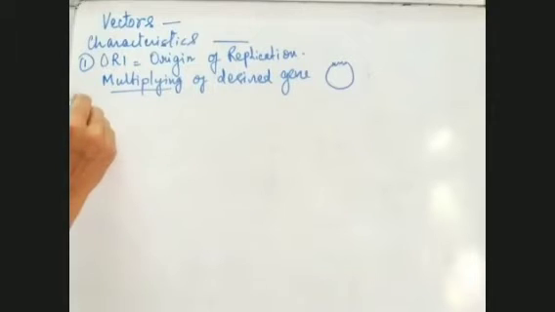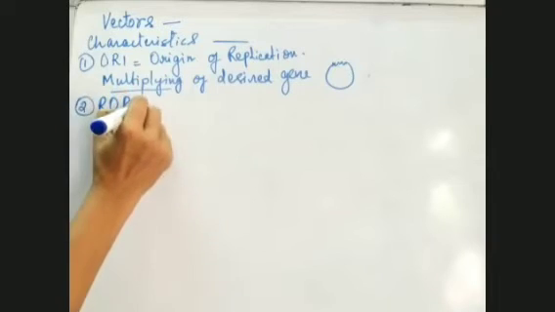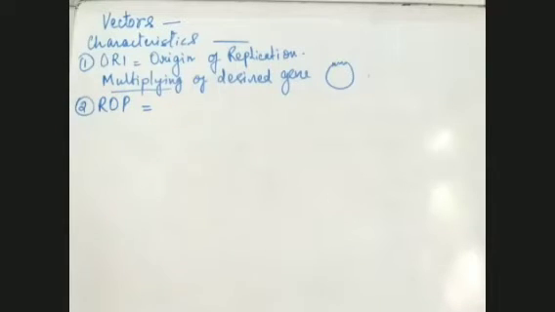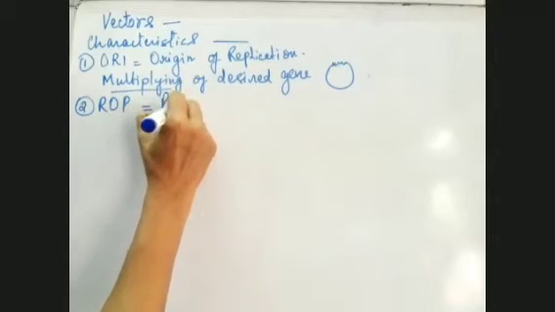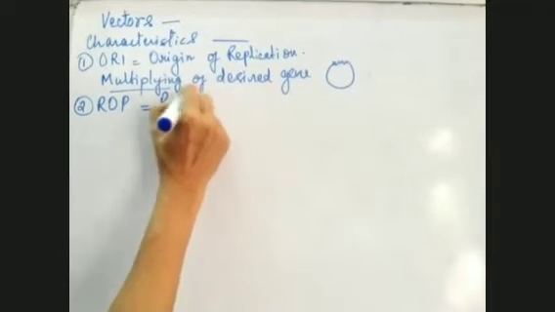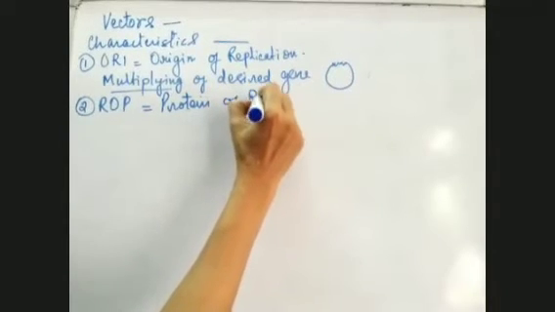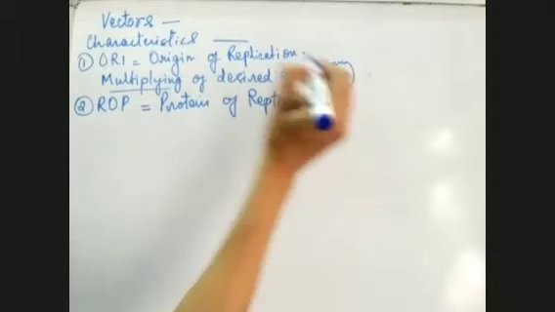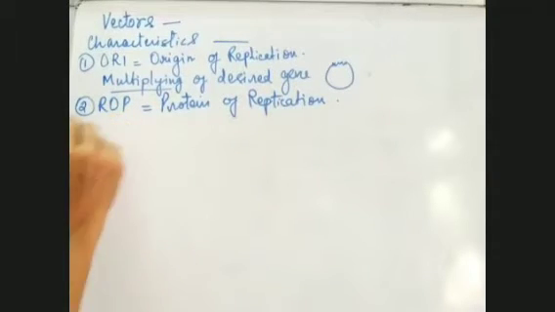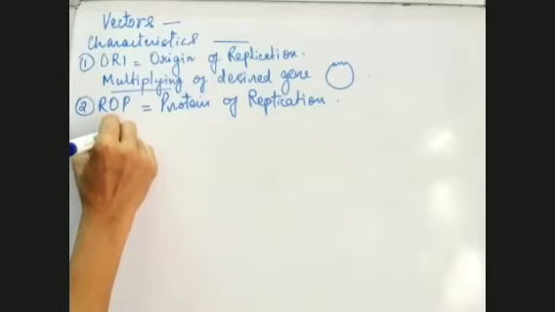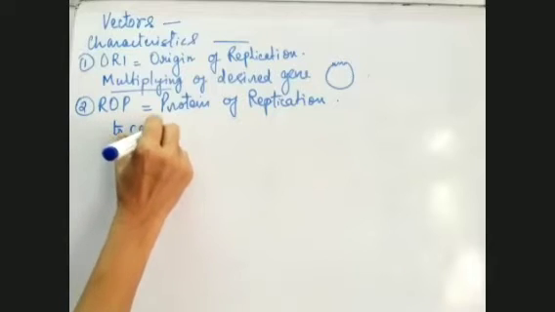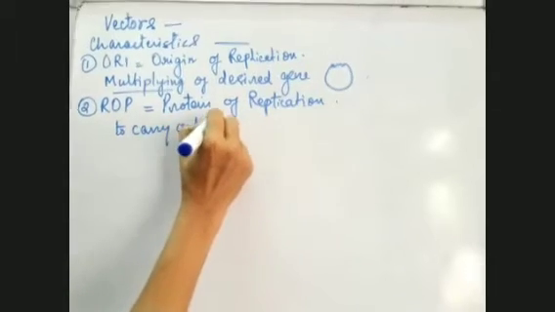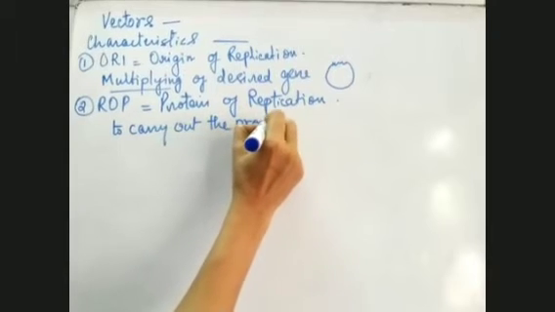Then the second thing which it should have is ROP. You must have seen in pBR322 also ROP is written. This is the protein of replication. This is a protein which is required to carry out the process of replication.